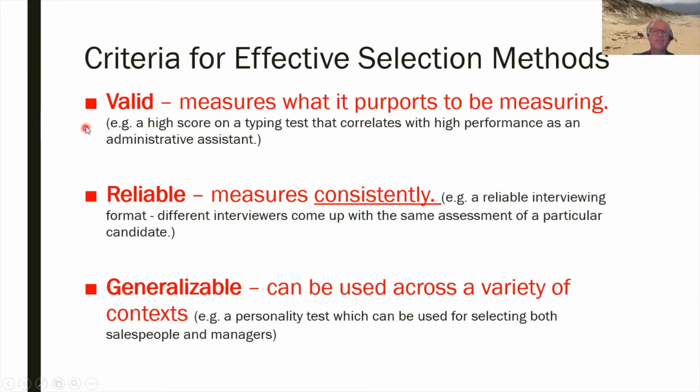Then you have to ask yourself, is hotness, this good-lookingness, something that correlates with high performance as a human resource management instructor? I would say probably not. The way a person looks shouldn't have any positive or negative effect on how effective they are as an instructor.